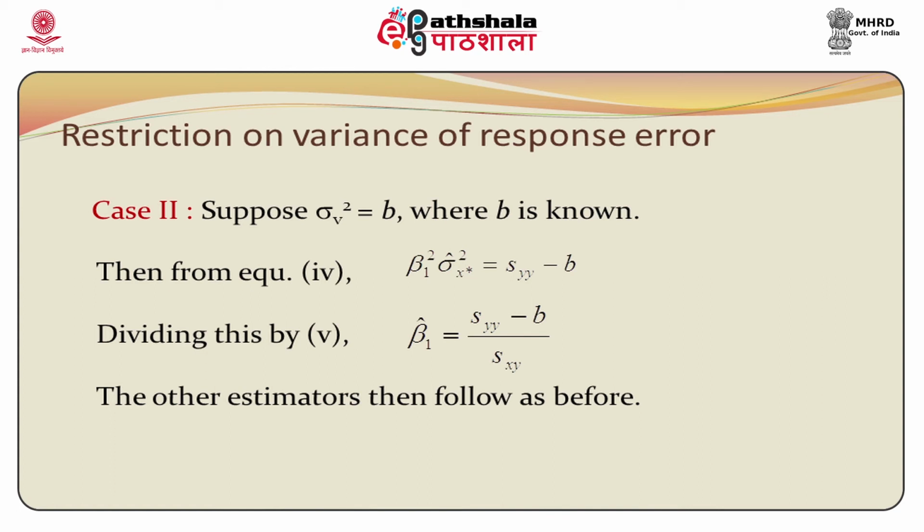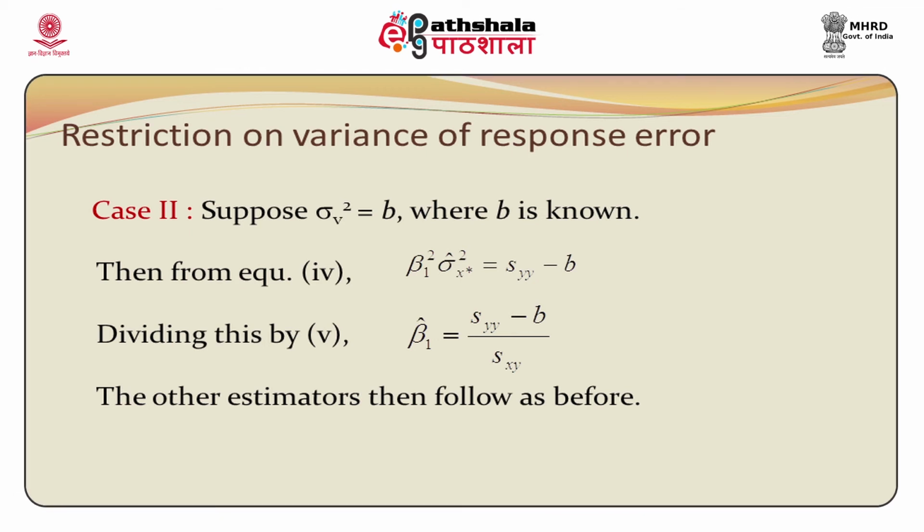Just notice something: if in either case, say sigma w square is equal to 0, that is, if a is 0, that means we have an x variable which is not contaminated with error. And you can see that in that case we go back to the usual regression estimates.